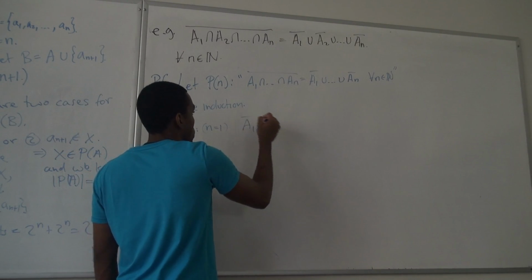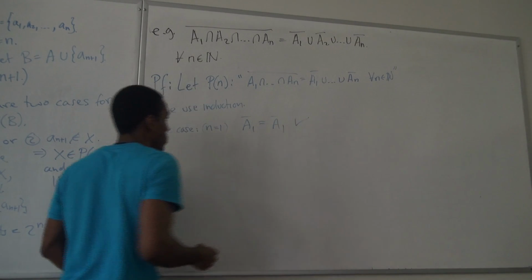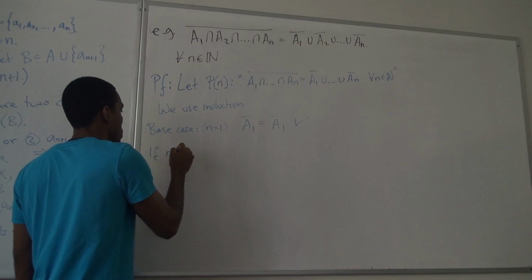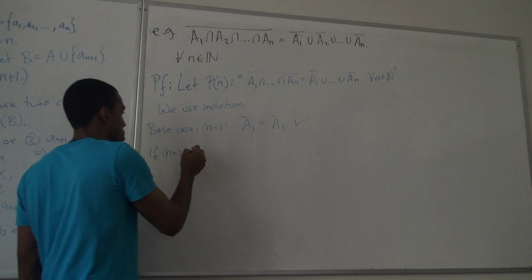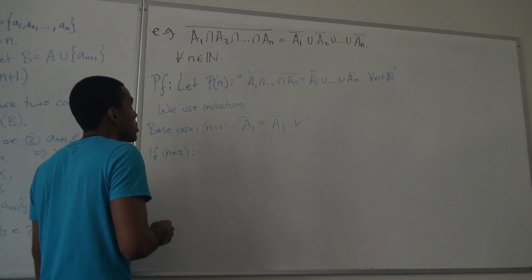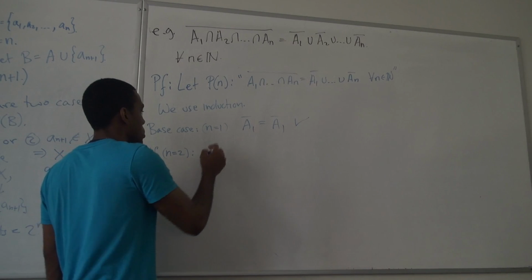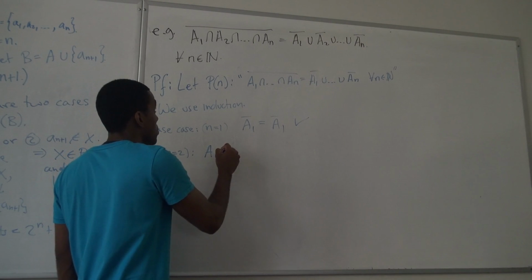So clearly A1 is equal to A1. So that works out. Technically doing this way is a strong form, which we'll talk about later. What about two cases?